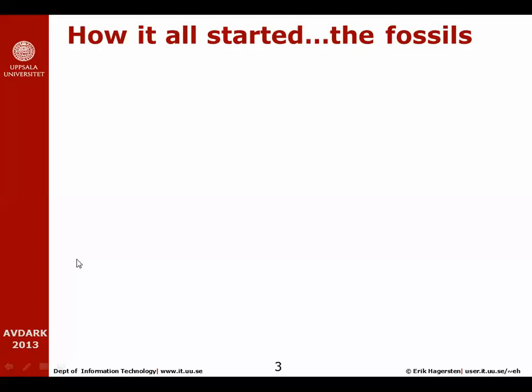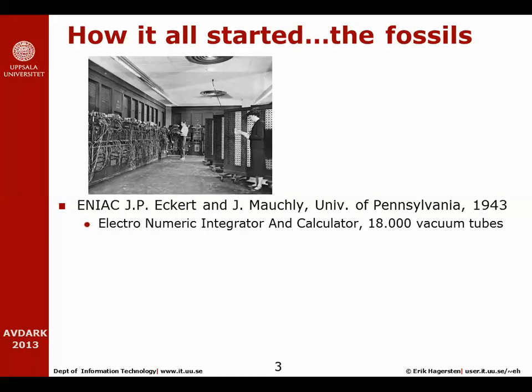Before we start to look at modern CPUs, I want you to at least have seen two slides about the history of computers. As you may know, the first computer is often regarded to be the ENIAC computer, and its designer is often regarded to be von Neumann.